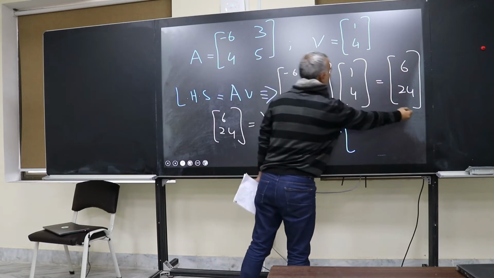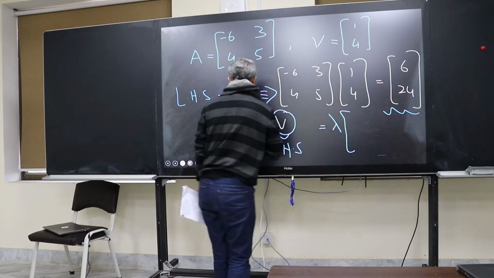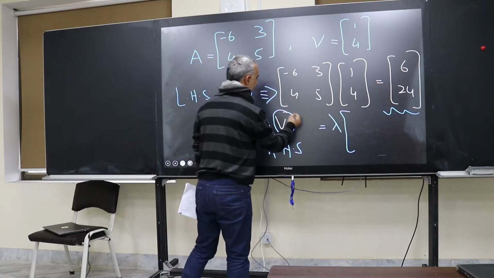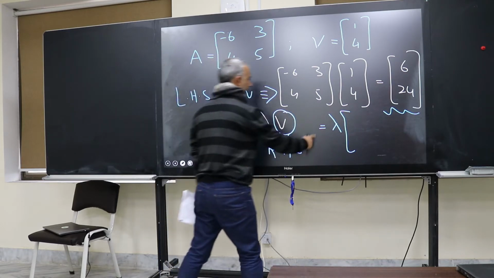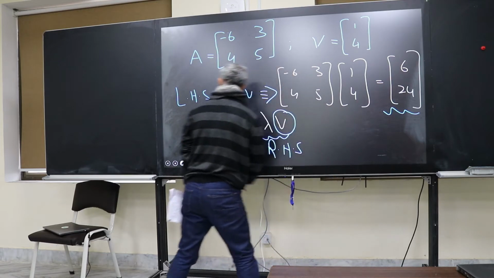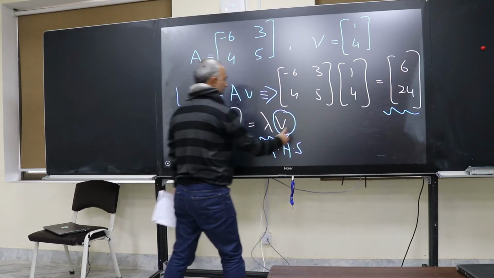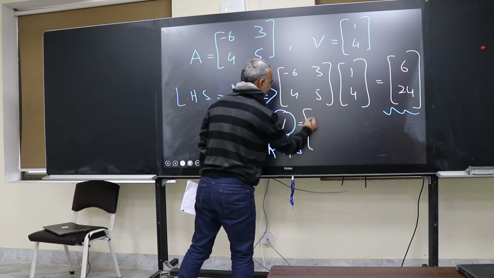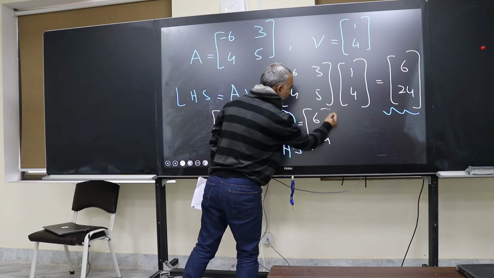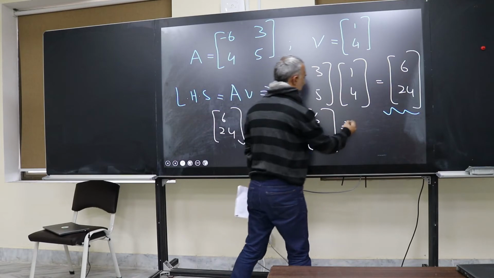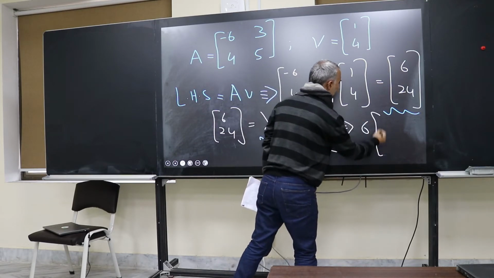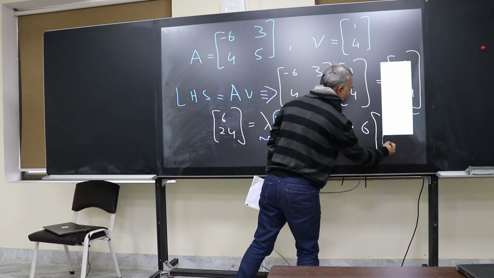This is the output here, and since we know this vector V, we can express 6 as a multiple of 1.